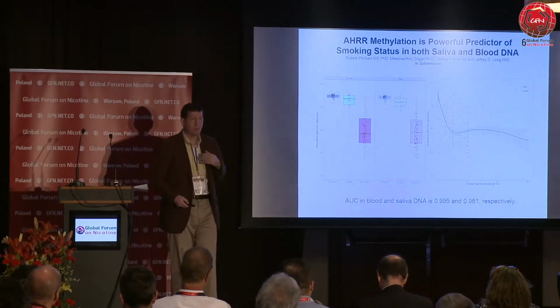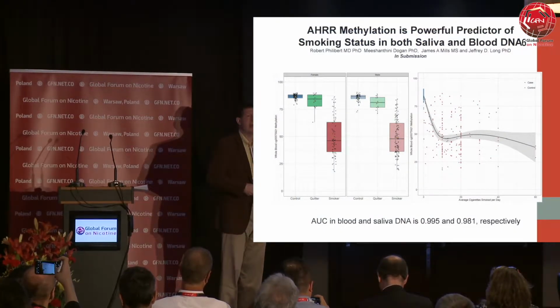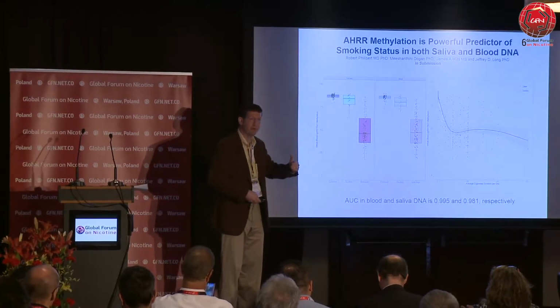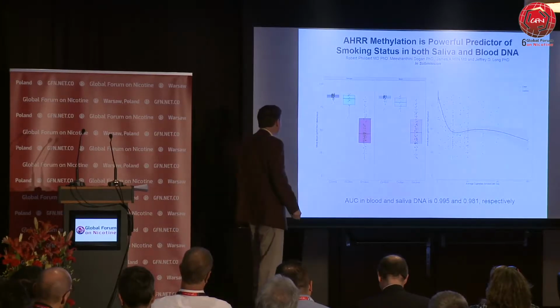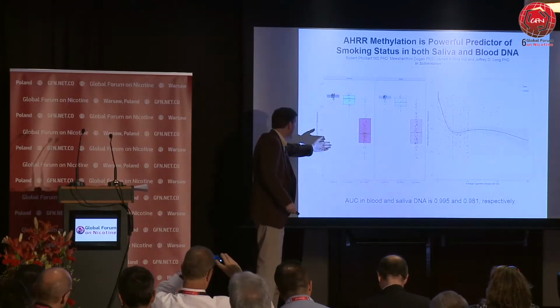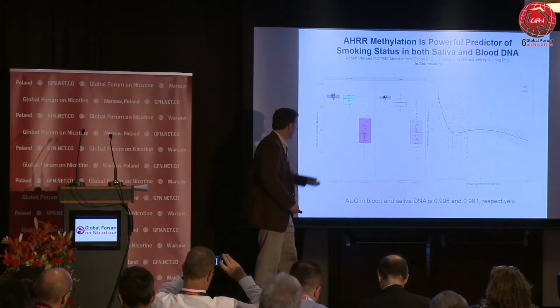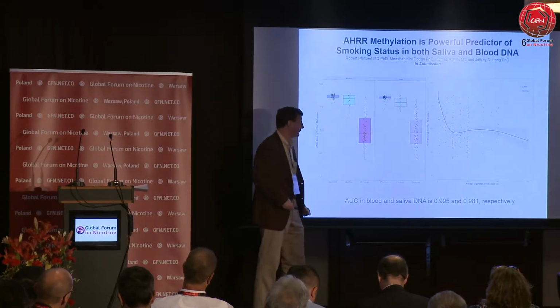Most recently, we've pushed this technology to the point where we can definitively show that we can easily classify smokers from non-smokers. As this slide shows, in 400 people, females and males, that are either current smokers, past smokers, or controls.